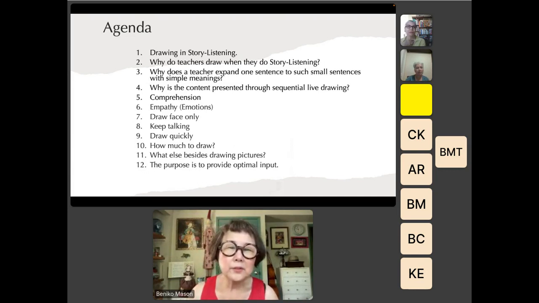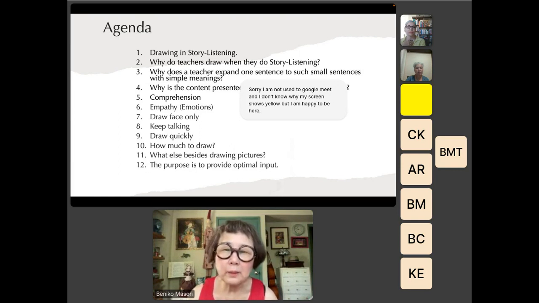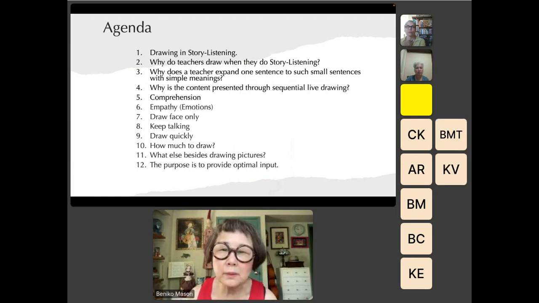So the first thing is drawing in story listening. Why do teachers draw when they do story listening? Why does a teacher expand one sentence to such small sentences with simple meanings?